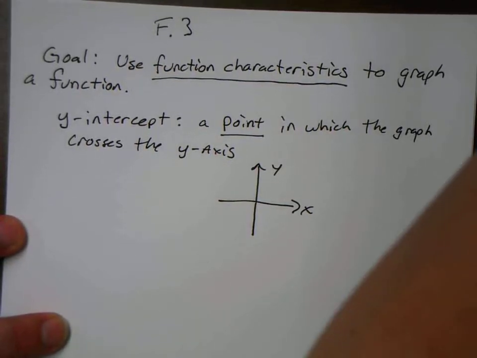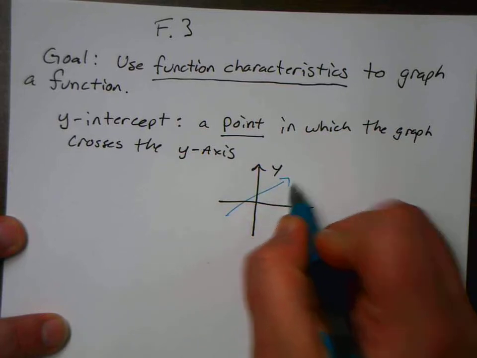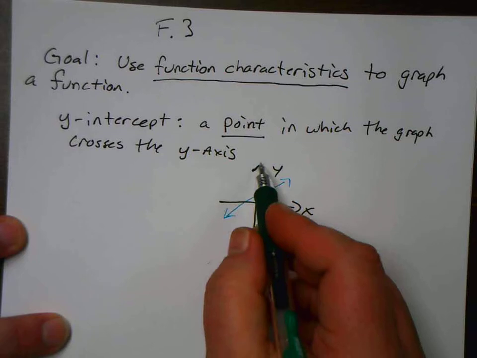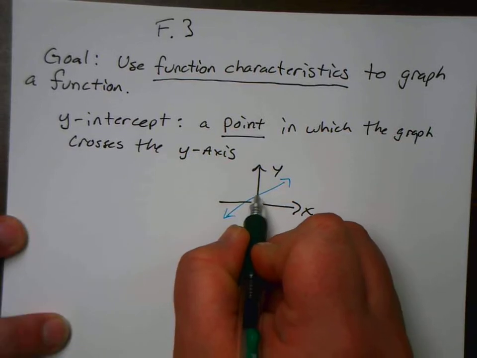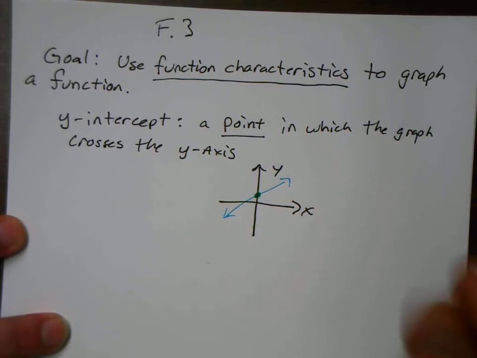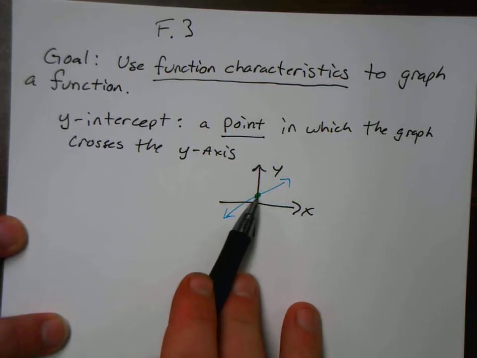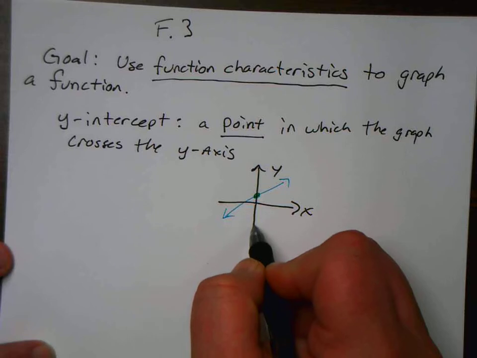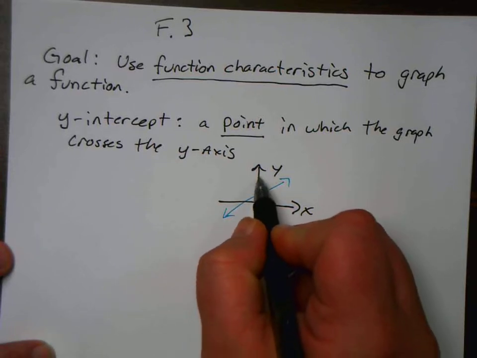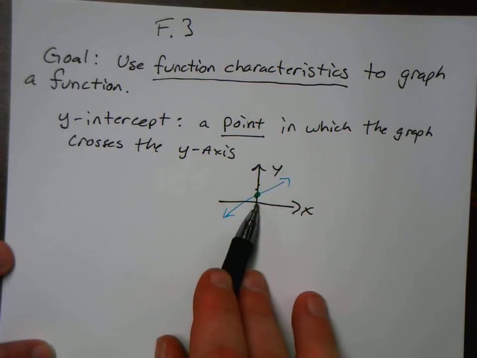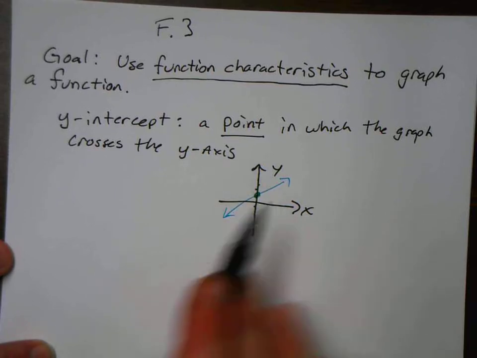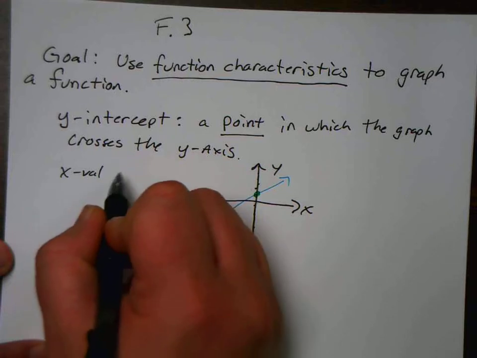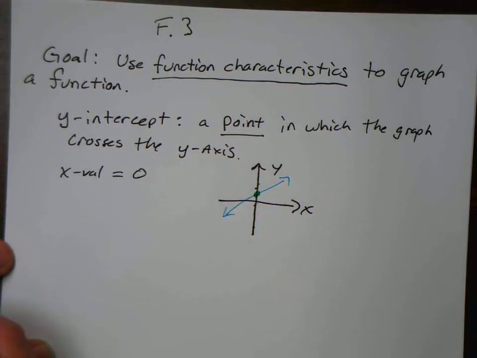So if we had some line here, we know that here's the y-axis, so that point would be right here. And what's really neat about this point is that regardless of where it is along the y-axis, the x value is always the same. Right? So here we could say that the x value is always going to be 0.